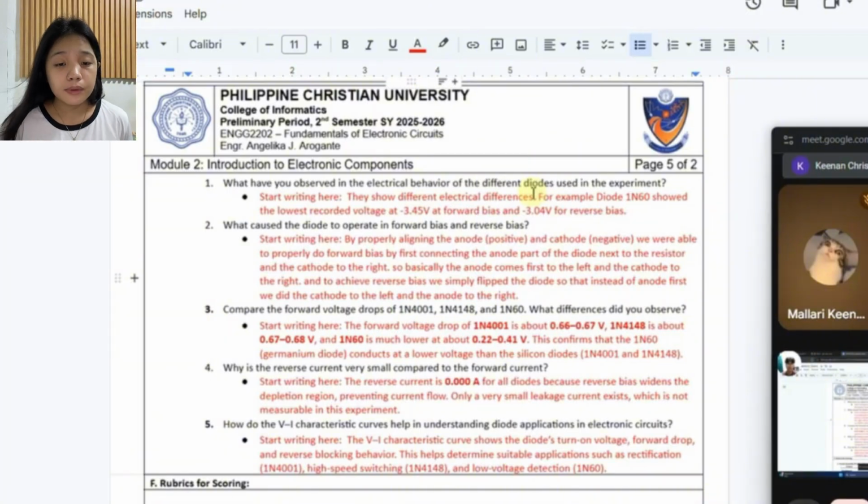The best example here is the 1N4001, which is commonly used for rectification in power supplies.